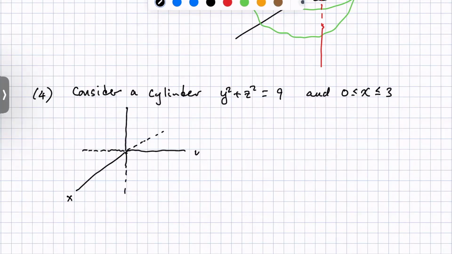But if this is x and here's y and here's z, then we have a cylinder which is of radius 3 in the yz plane, and then the axis is on the x-axis.